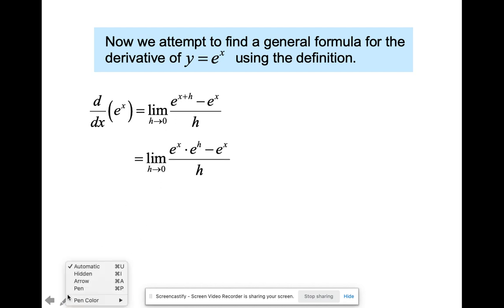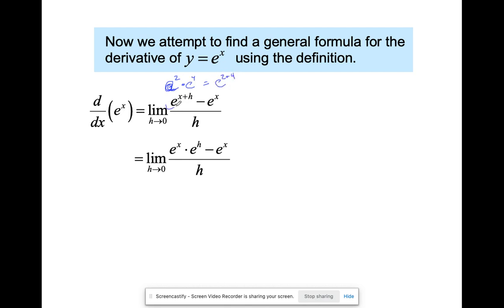And I'm going to do some algebra 2 factoring here, right? Pull out e to the x after I split this up. Remember, you know from your exponential rules that if I have e squared times e to the 4th, isn't that e to the 2 plus 4, right?